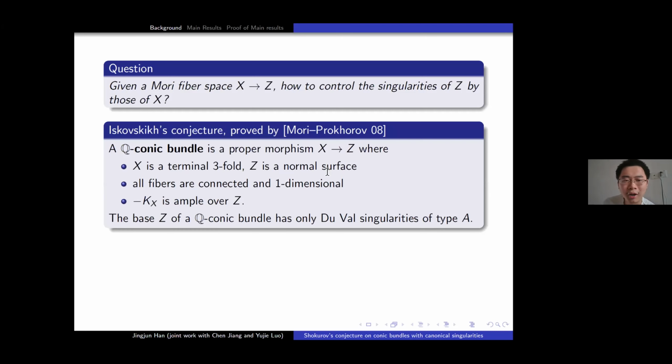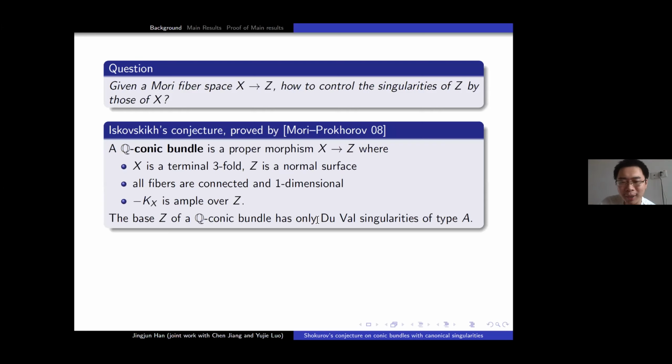Such Q-conic bundles appear in Mori fiber spaces in the minimal model program. Iskovskikh predicts that the base Z of any Q-conic bundle has only Du Val singularities.